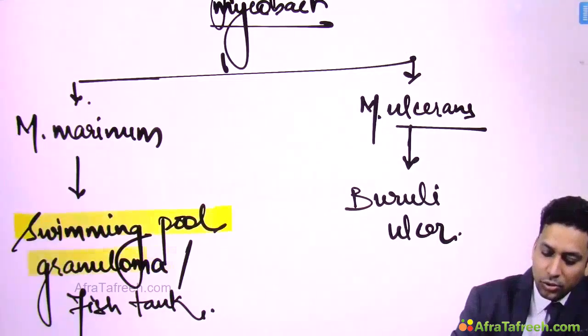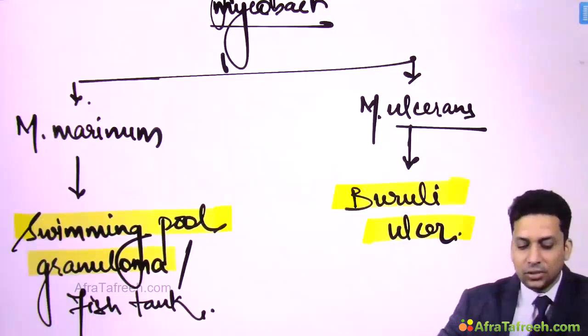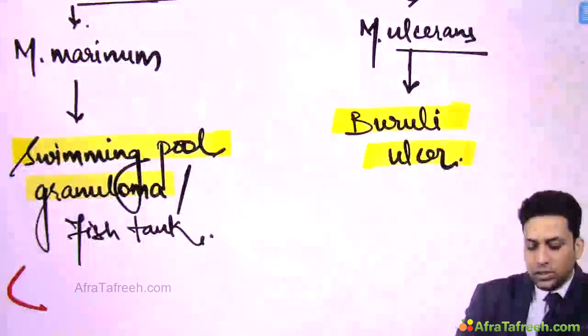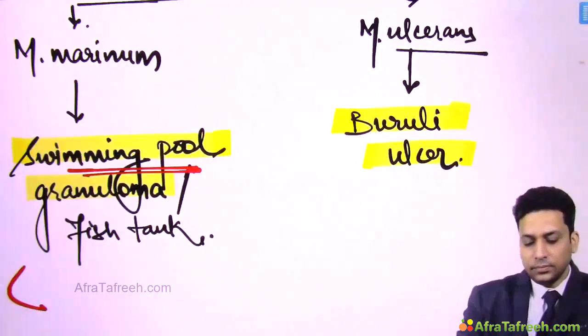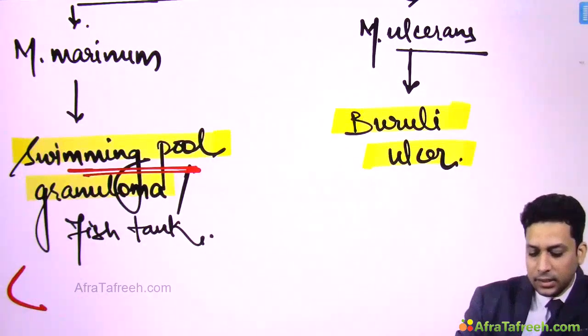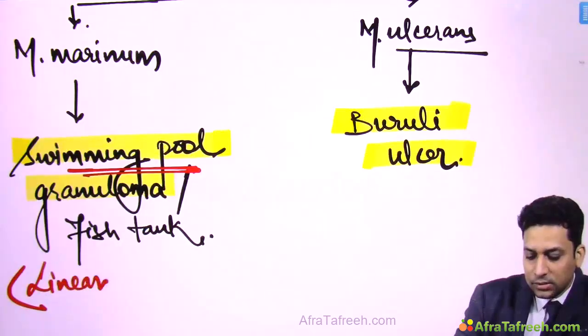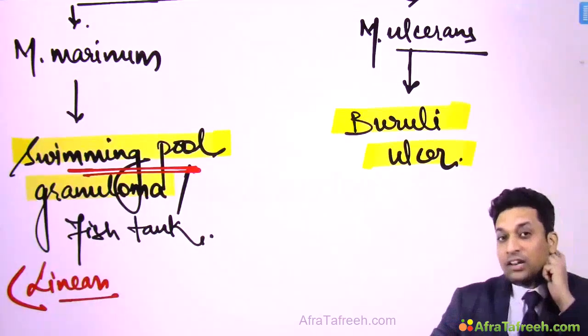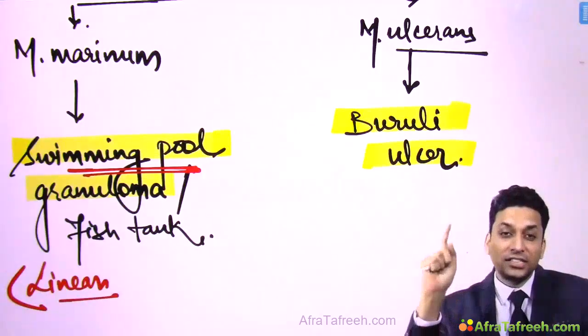So sometimes they ask, swimming pool granuloma is caused by, Buruli ulcer is caused by; so these are the causative agents. In swimming pool granuloma, you will find linear lesions along lymphatics, like in sporotrichosis.